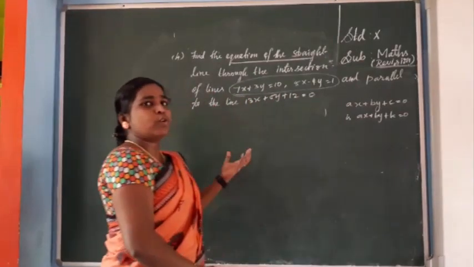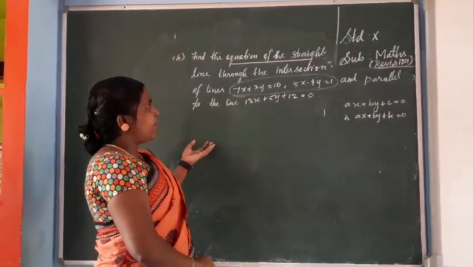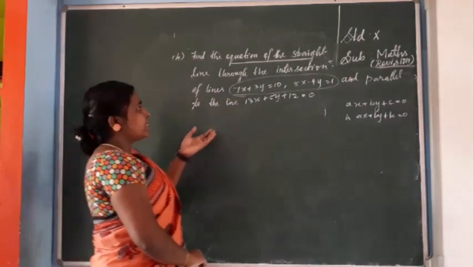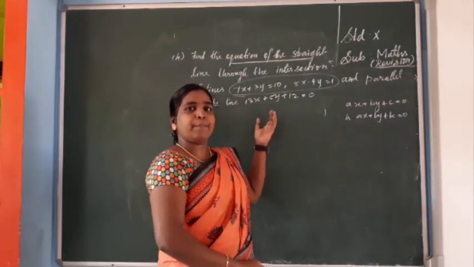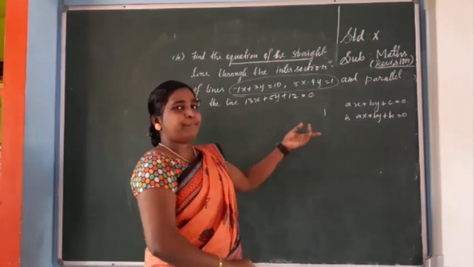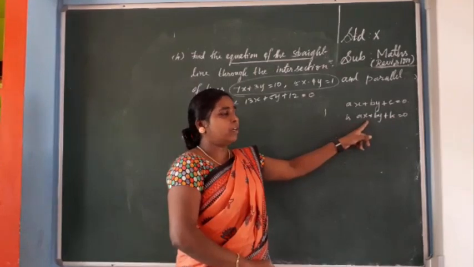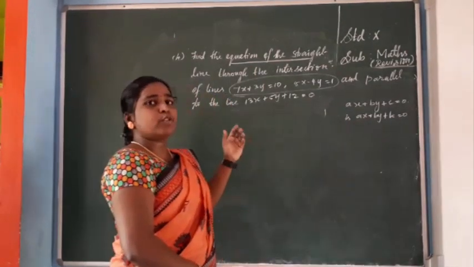Otherwise we can use the slope method. Today I am going to use the slope form. That is better, I think, because if they give a point instead of a line, you will be confused. So I am going to use the slope form.